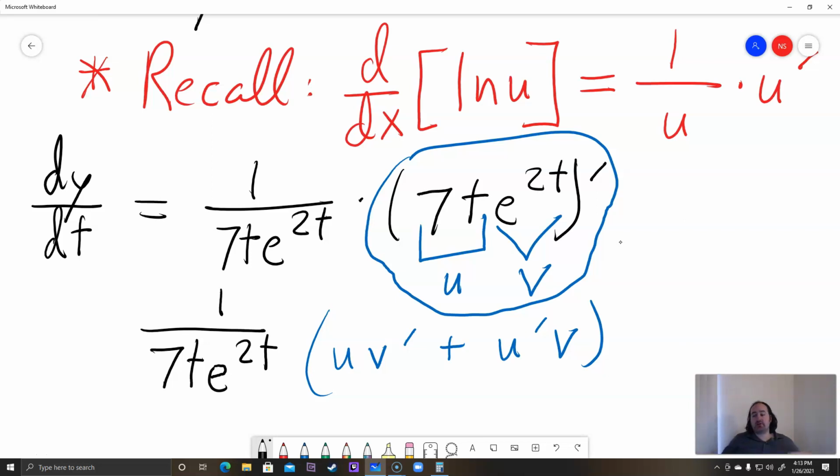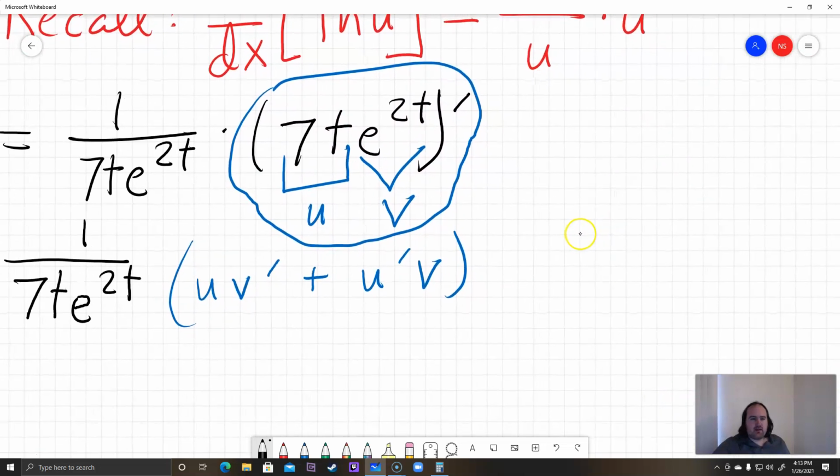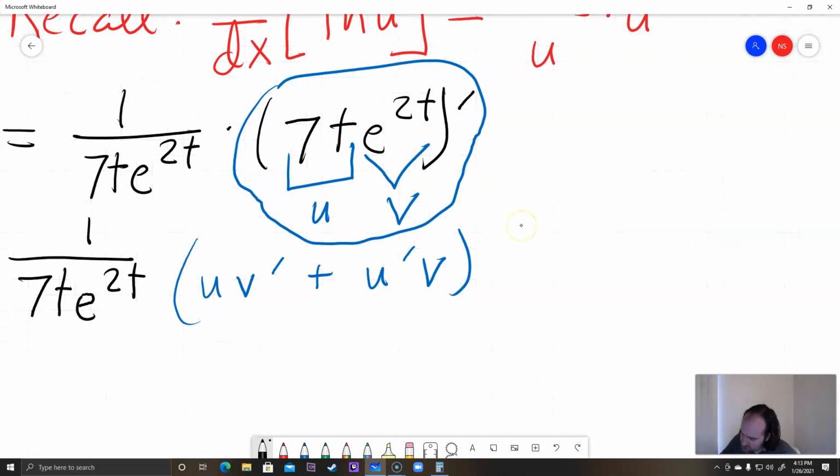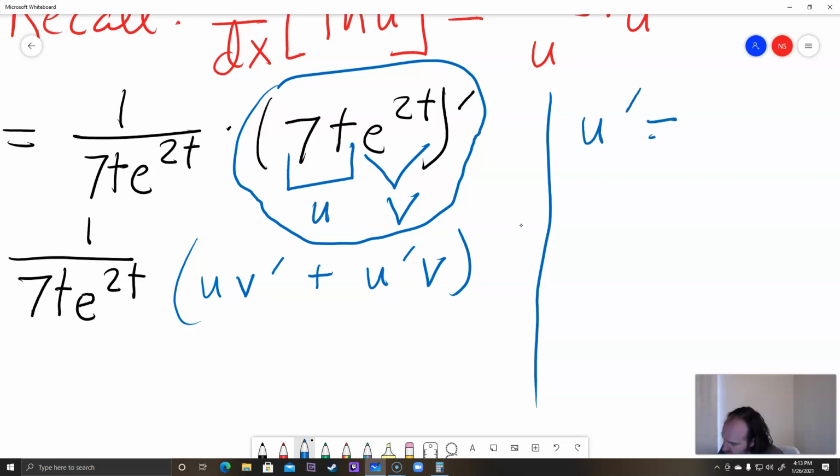Right, so we did the derivative of the natural log, but now we actually have to do the derivative of this product here. So that's why we're using the product rule. Okay, and then if I go over here, I can actually write out my u prime and my v prime. So here my u prime is going to be the derivative of 7t, which is 7. And then my v prime is going to be the derivative of e to the 2t.